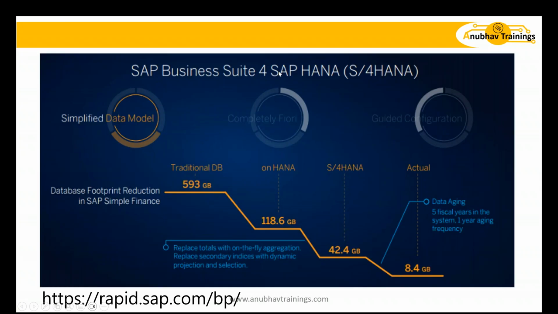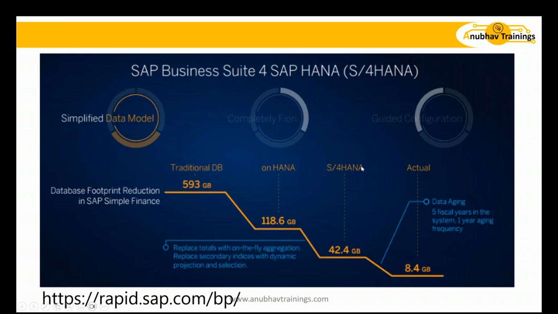You can see typically how the simplification happened over time. The traditional SAP ERP needed 593 GB of data to run on a hard disk. When SAP HANA came into the picture, with compression and deletion of the secondary database, they got the same data running on a RAM of size 118 GB with just the implementation of HANA.